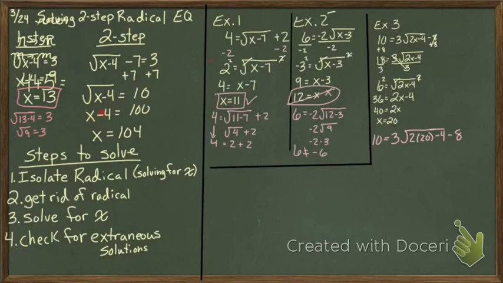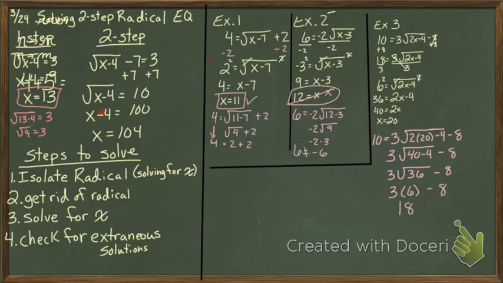So I'm going to have 2 times 20, which is 40. Minus 4 is going to be 36. The square root of 36 is 6.